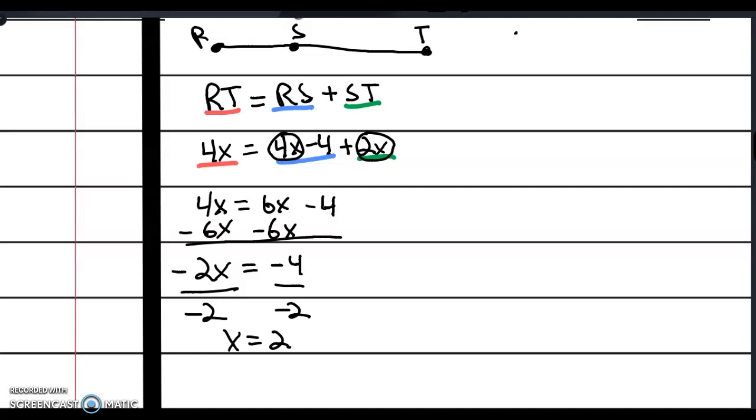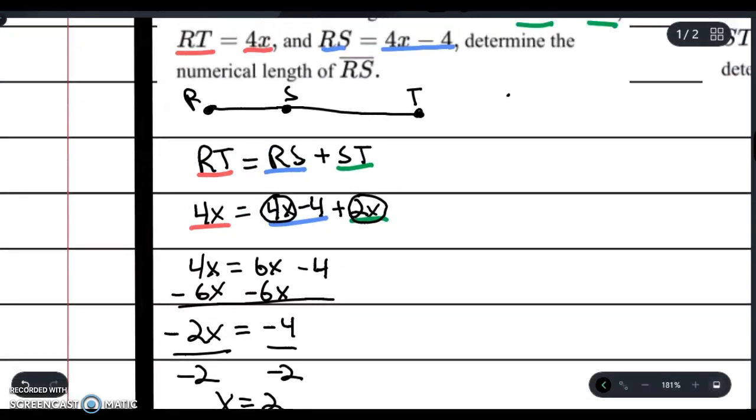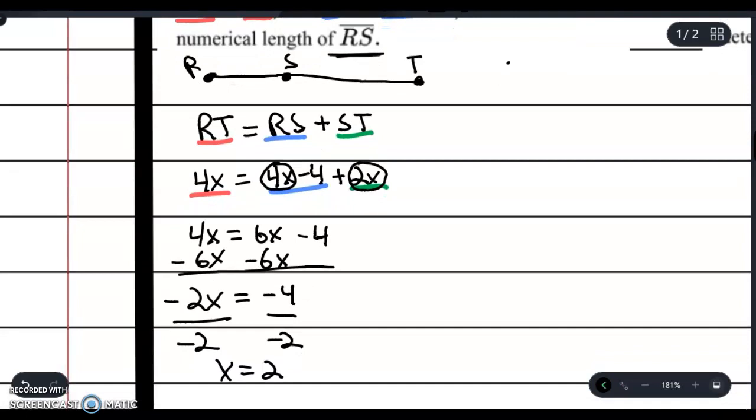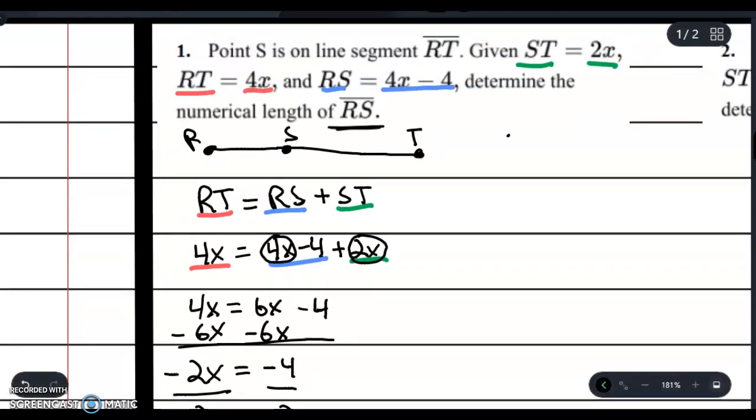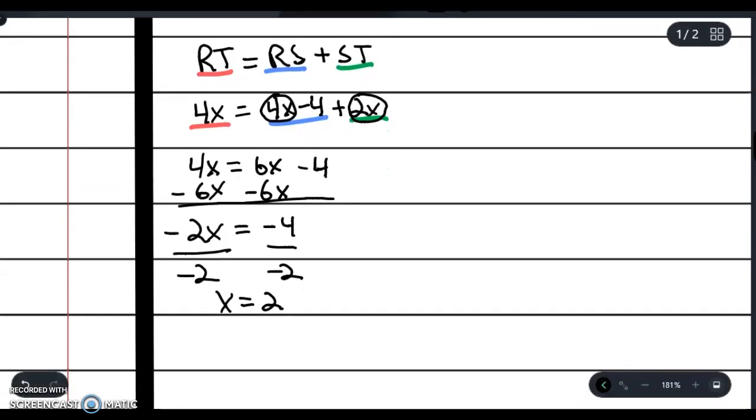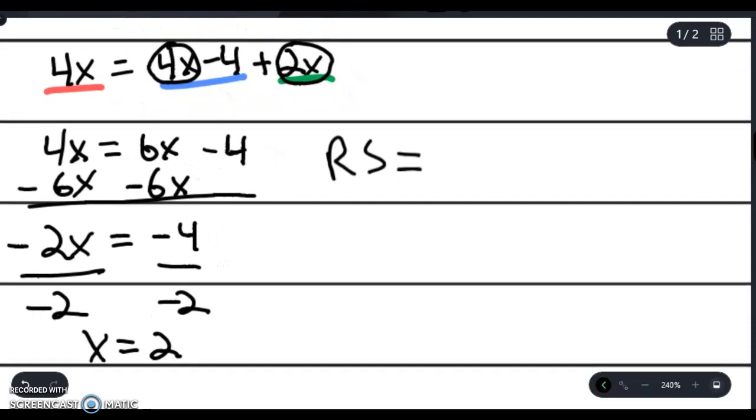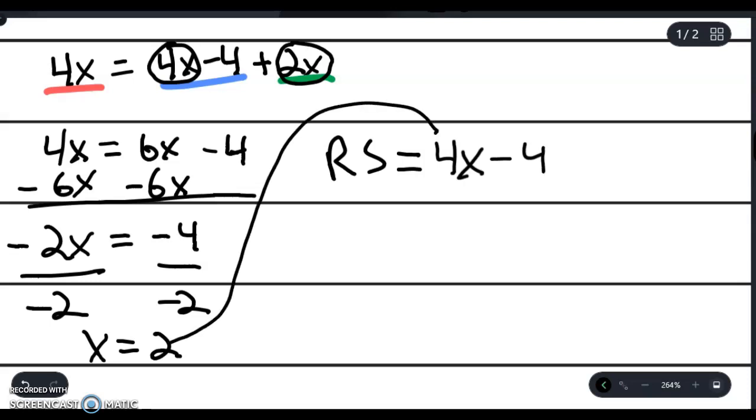Remember, this is not the end of the problem. We're looking for the numerical segment RS. So we take RS, which again is 4x minus 4, and plug in this 2 for x.